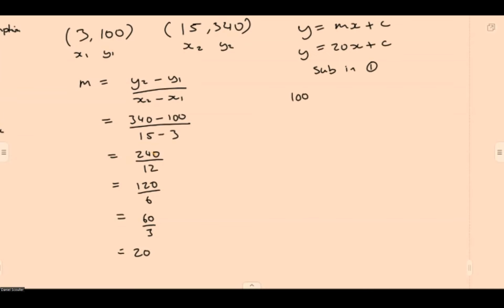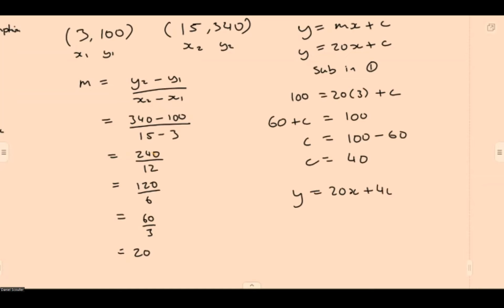Okay, so 100 equals 20 times 3 plus c. So 60 plus c, if we turn that round, c equals 100 minus 60, c is equal to 40, and then we're getting y equals 20x plus 40.